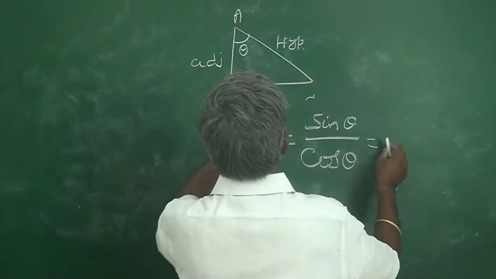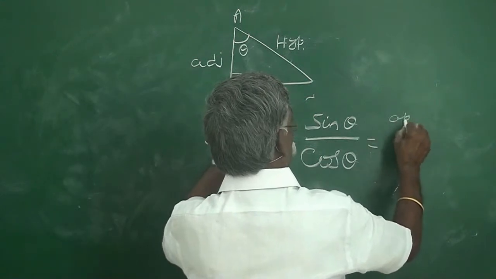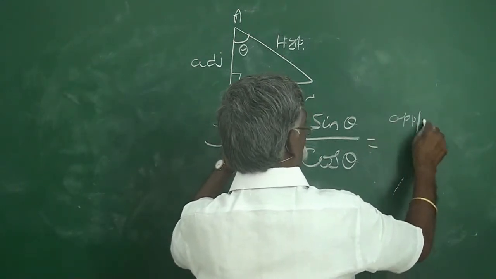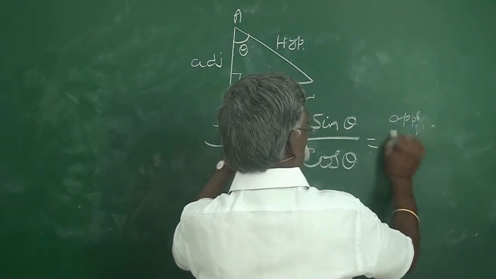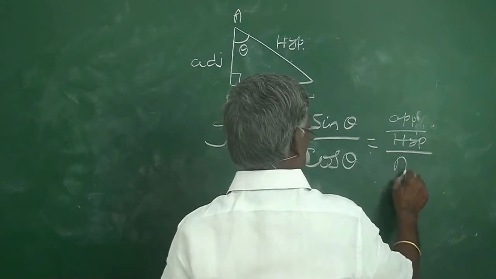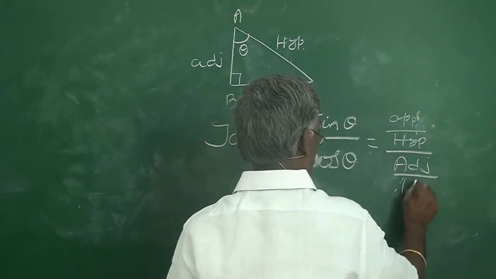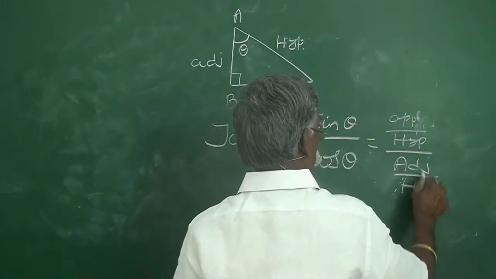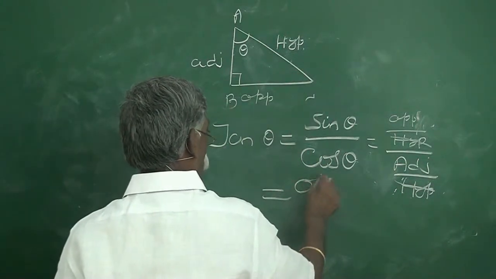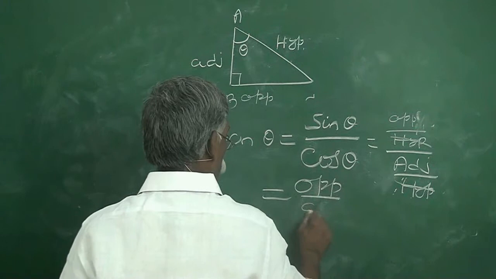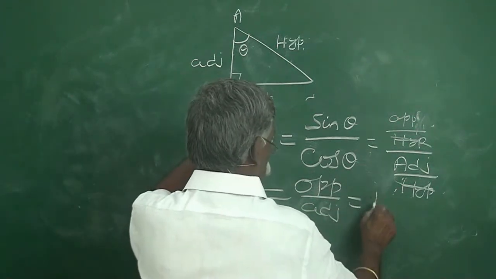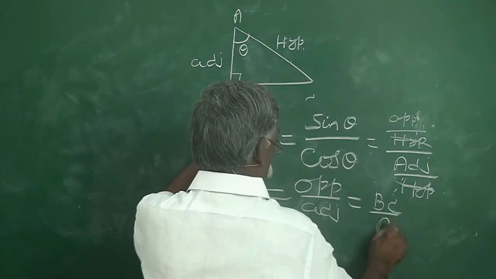So sin theta, previously we have seen, is opposite by hypotenuse, and cos theta is adjacent by hypotenuse. So hypotenuse gets cancelled. Therefore this is opposite side by adjacent side. This is BC by AB.